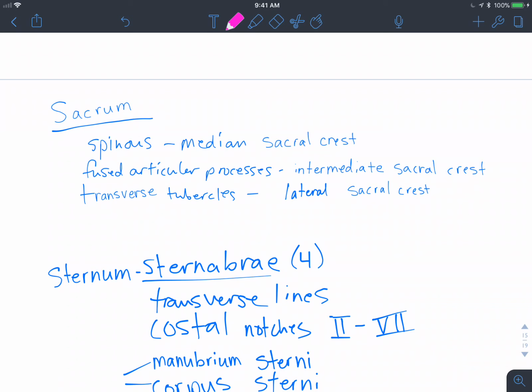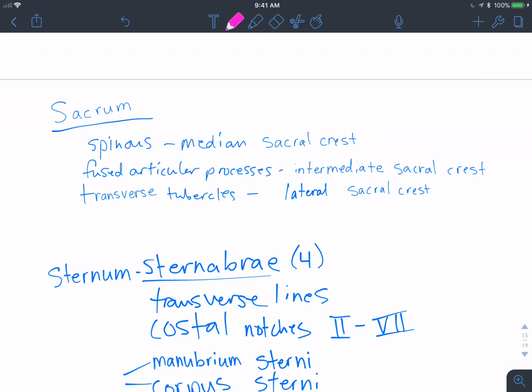A couple things to remember with the sacrum. Again, we're going to hit this stuff again, but it starts off as 5 segments, right? Then it fuses together, so we call it one bone. When it does that, the median sacral crest is supposed to represent the spinous processes of those segments, right? Median, not medial, median. Okay?